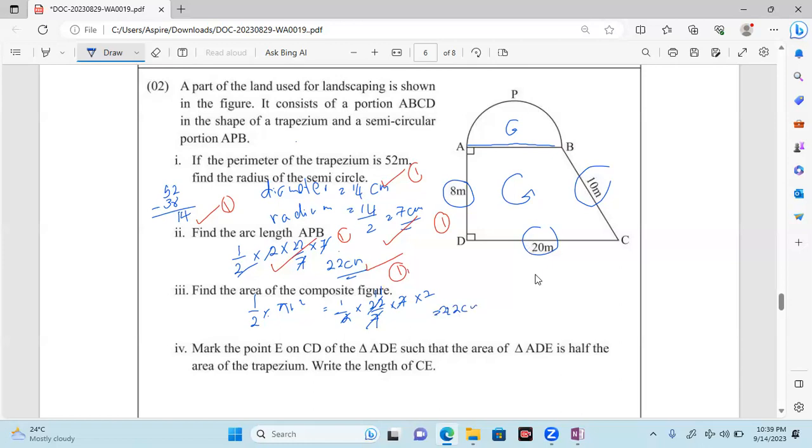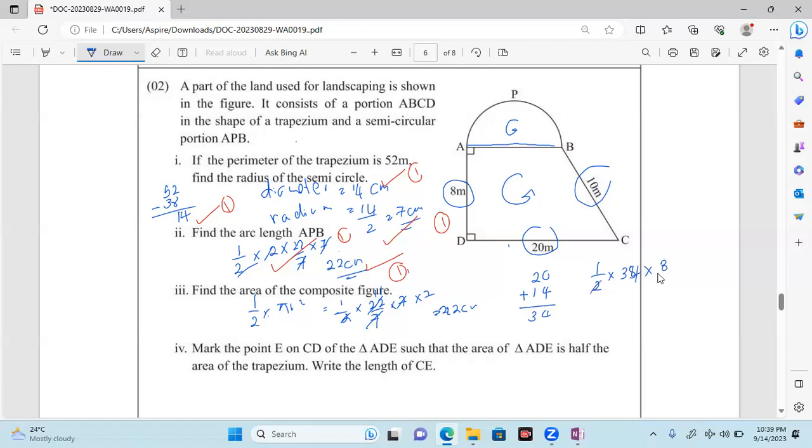Then to find the area of trapezium, what we do? We sum up the length of two parallel straight lines. Then it is 20 add 14. That means it is 34 centimeters. Then it is half into 34 into its height, which is 8.